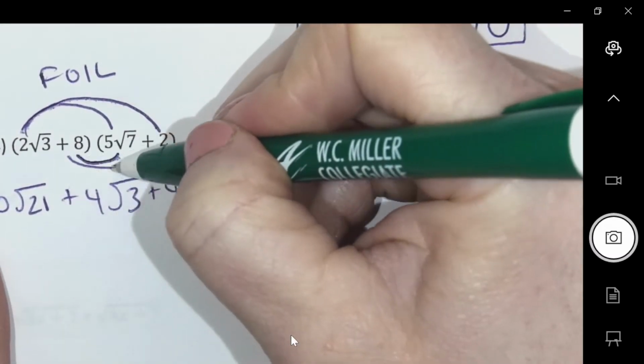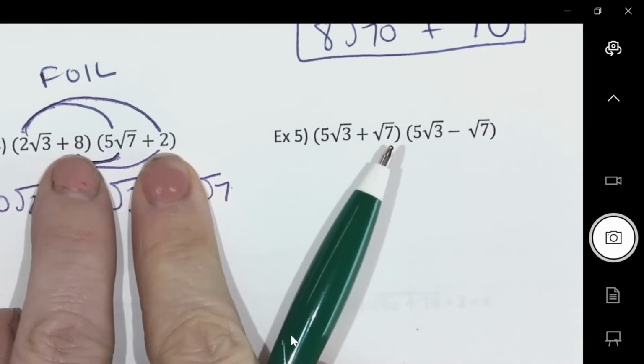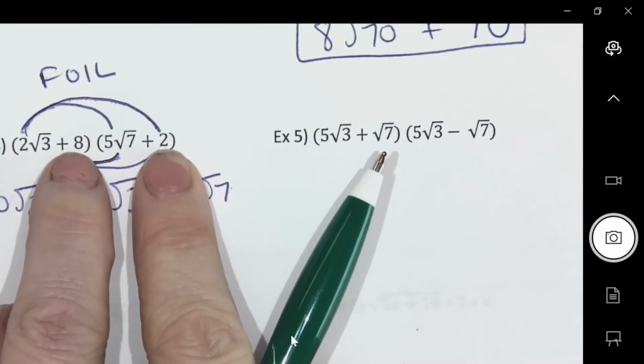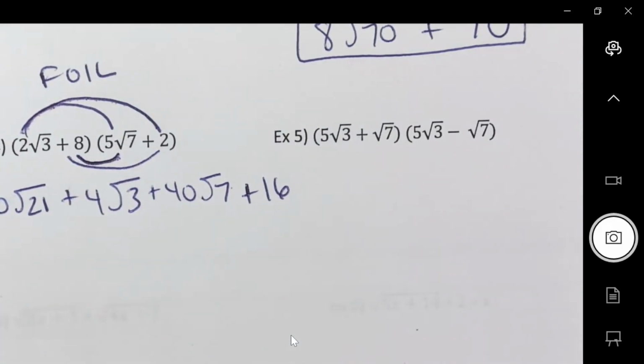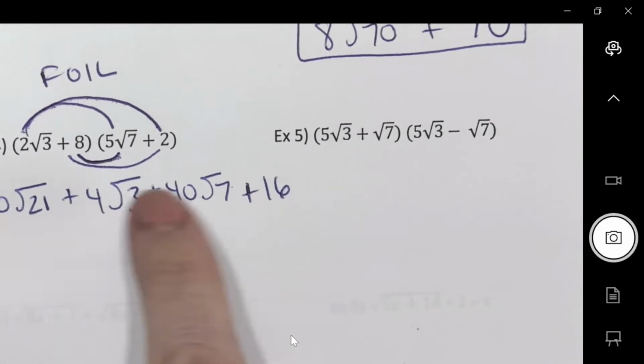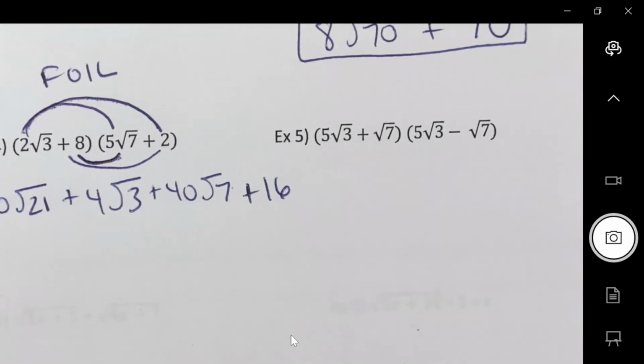And now I'm going to do the last. So the last 8 times 2 is 16. And that radical, nope, none of them are the square root ones that I'm looking for.